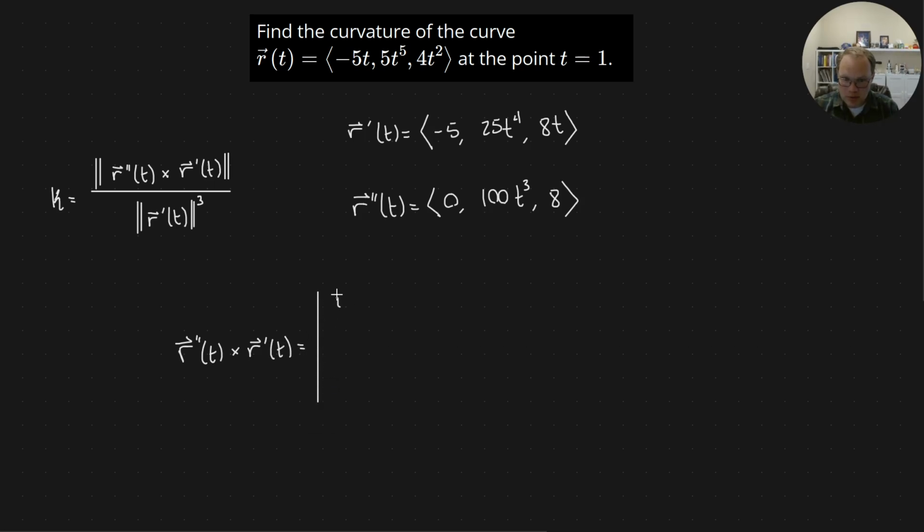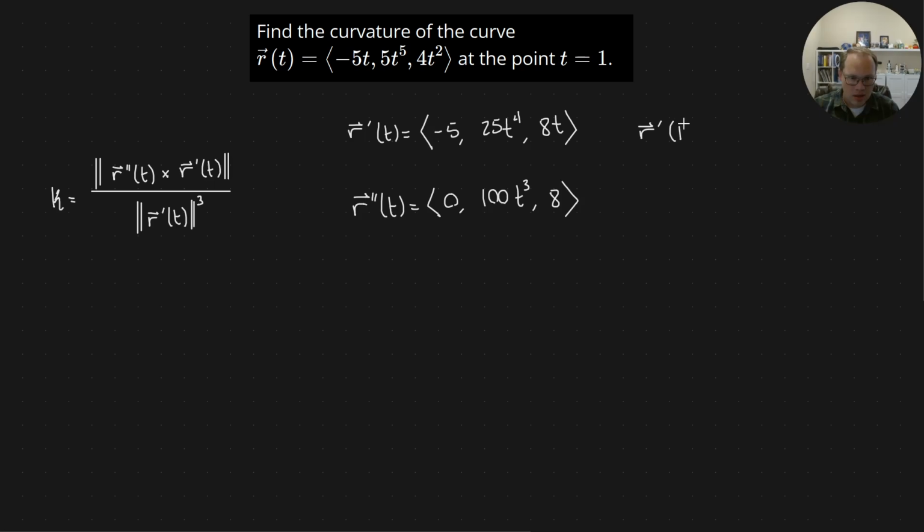That's going to be the determinant where the first row is ijk. And you know what? I'm making things a little hard on myself. I don't care about the curvature at every single point. I only care about it at a particular point. So instead of plugging in r double prime of t and r prime of t with all those t's, let's first plug 1 in. Now that I'm done with taking derivatives, let's plug in the 1.